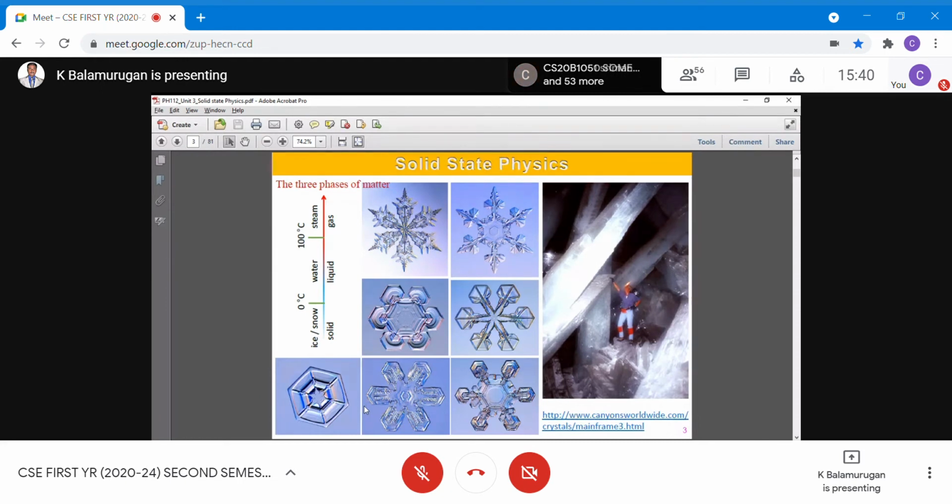No, it's all in the form of solids. So that's why we have a separate branch in physics called solid state physics, which has a lot of information, a lot of developments and understanding, and it has also produced a lot of applications that are flourishing our day-to-day life and transforming our life quite a lot.